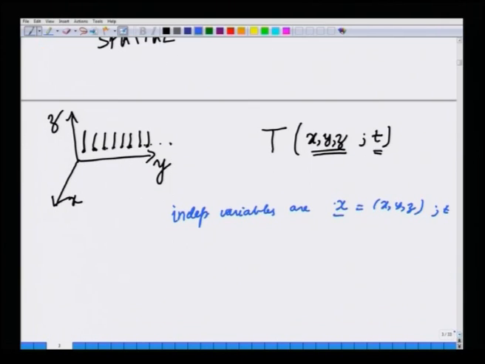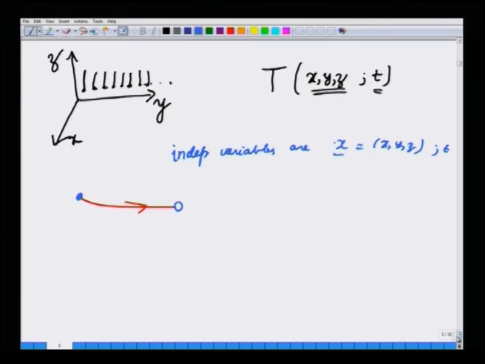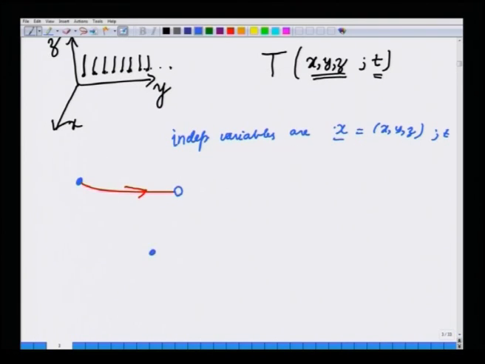Okay. So, what is the fundamental difference between the Lagrangian and Eulerian descriptions in a fluid flow context? Suppose a fluid is flowing, and in the Lagrangian description you will follow this material point or fluid particle, and then measure its temperature as a function of time. Suppose you are just worrying about a small time interval, t to a little later, t plus delta t.